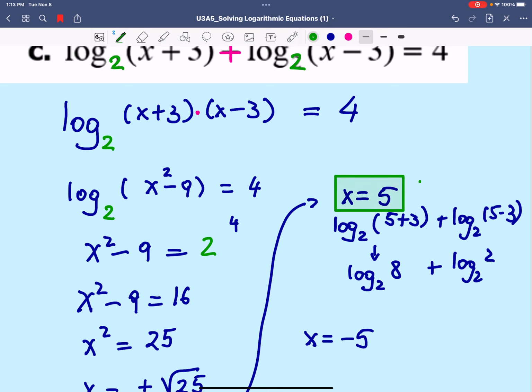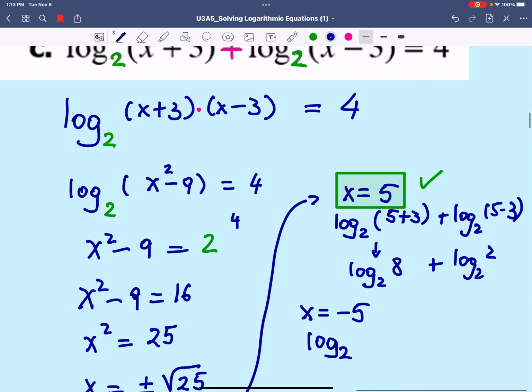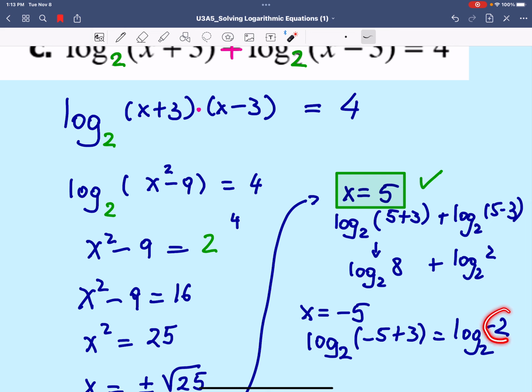So this is our first answer. Now let's check negative 5. So if x equals negative 5, then the first term, log with base 2 of x plus 3, will be log with base 2 of negative 5 plus 3, which is log with base 2 of negative 2. So the expression inside the log cannot be negative. Therefore, we're going to say that x equals negative 5 is not accepted.